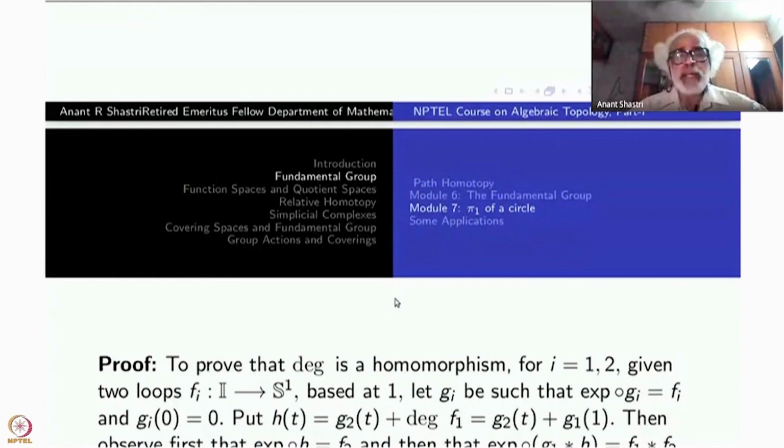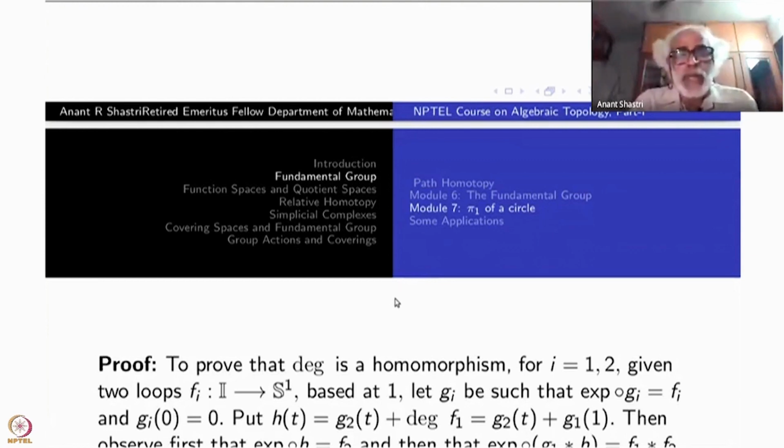Let us take two loops, F1 and F2, based at 1. Let Gi be the path, a map into R, such that exponential composite Gi equals Fi. Those are lifts, such that their starting point is 0.